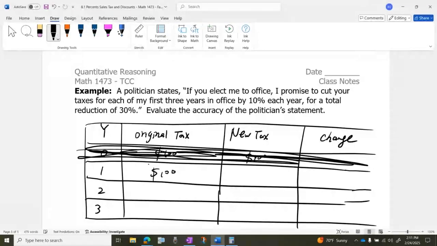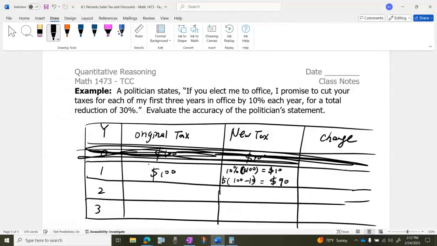By the end of year 1, since the tax is cut by 10%, you save $10, right? So how much is your new tax, guys? Tax cut 10%. 10% of $100 is $10. So you subtract $10 from the $100.